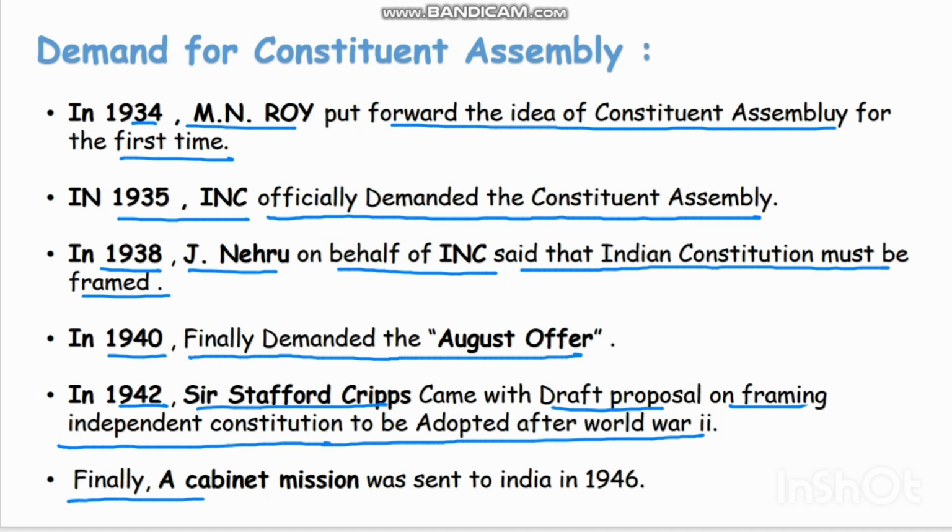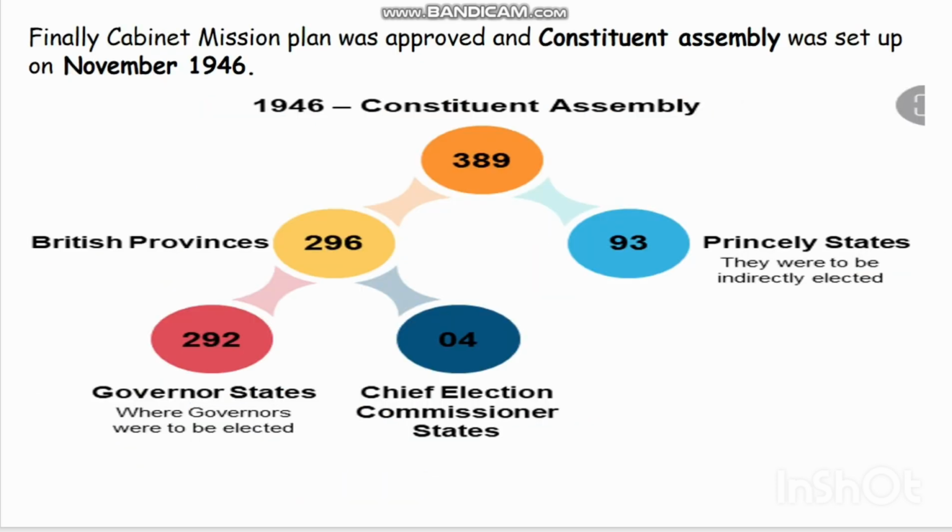Finally, a Cabinet Mission was sent in 1946 to give the plan on how the constitution would be formed. So, the Cabinet Mission Plan was approved and the Constituent Assembly was set up in November 1946.